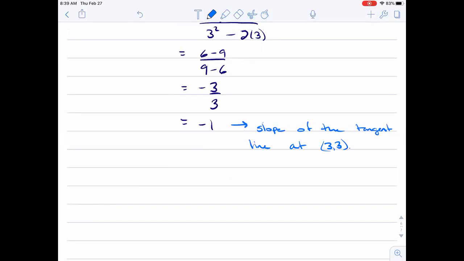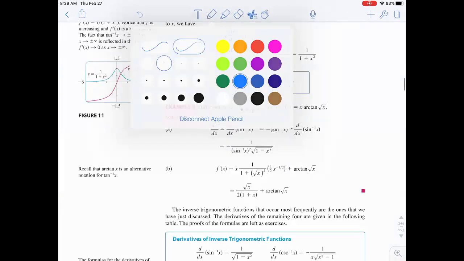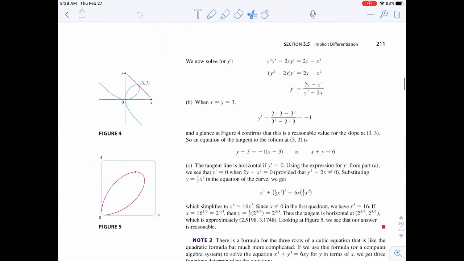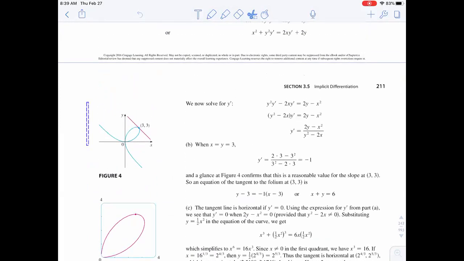Let me see if we can use Desmos, but I'll just steal the Folium of Descartes picture here. Maybe it was way back. Here it is.